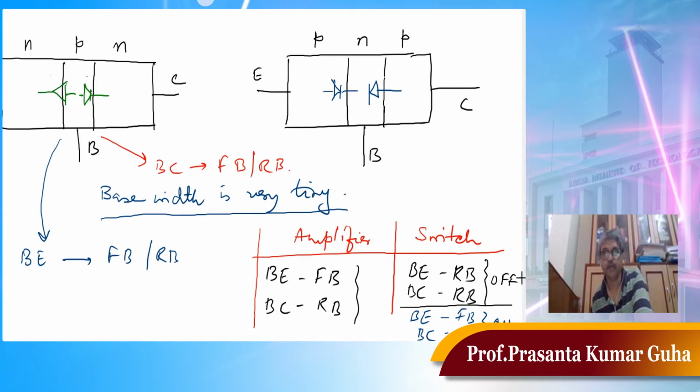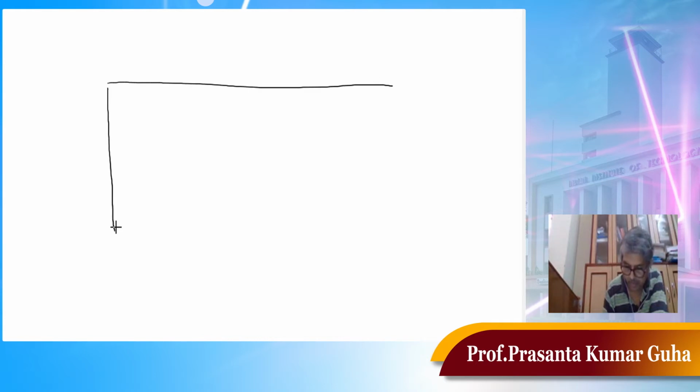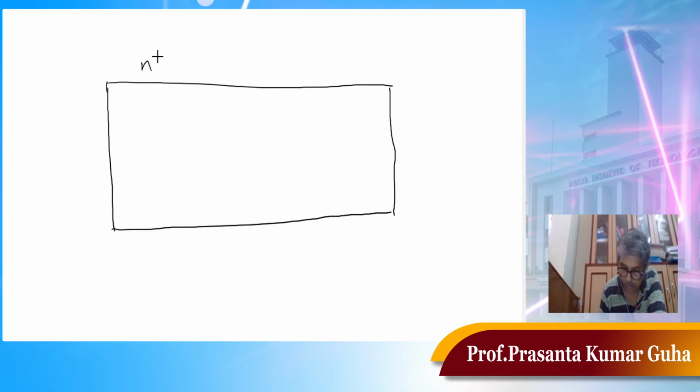I think we have also pointed out that as there is doping difference in a BJT, the concentration of dopant is different. So in the emitter it is heavily doped, then it is base, then it is collector.